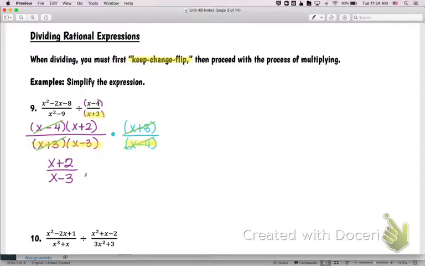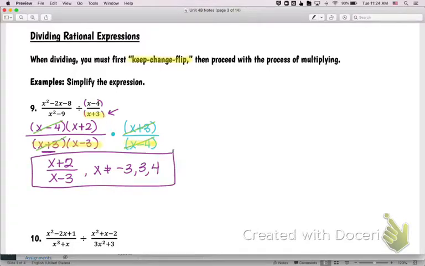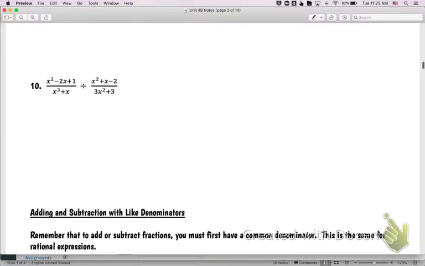So we have to look in those four places. So x cannot be -3, that's from this guy. Then we also get a -3 right here, so we don't need to repeat it. +3 and +4, and that is our answer. So once again, I'm going to ask you to pause and try number 10 on your own. I'll be back in just a moment.